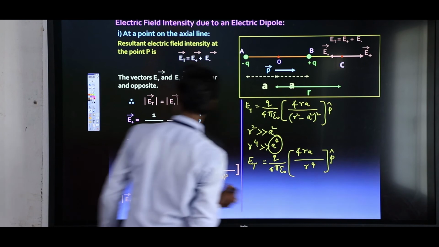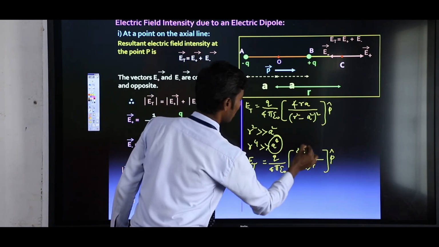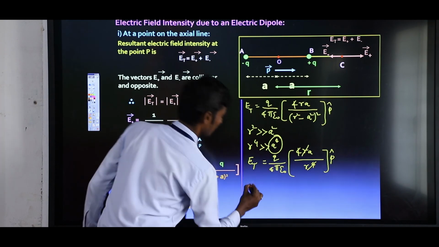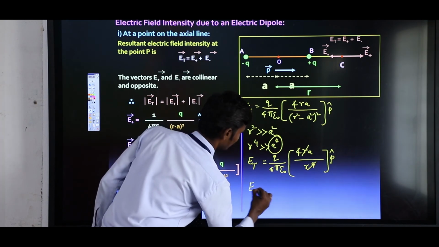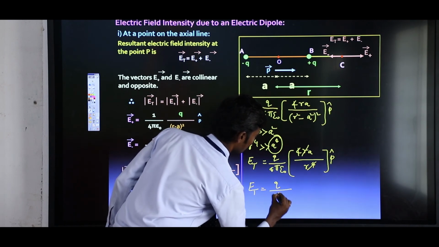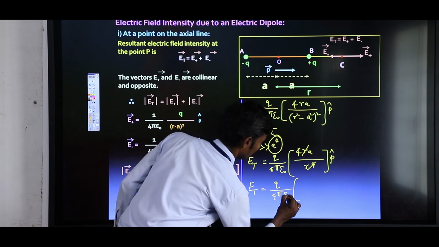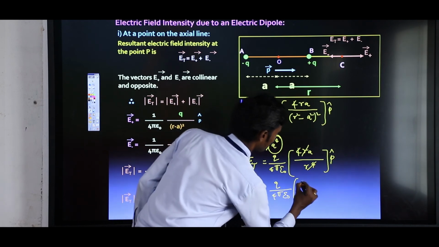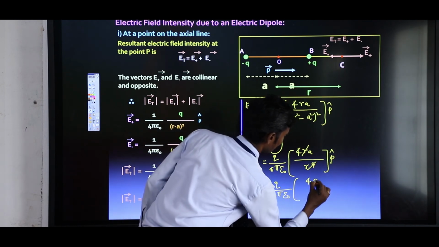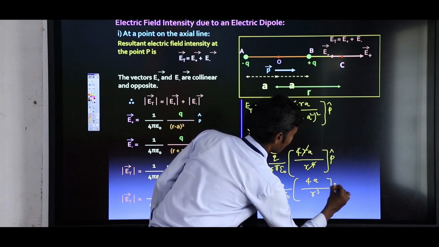Okay, here r power 4, r cancel, remaining E total equal to Q by 4 pi epsilon 0 into 4a divided by r cube into P cap.